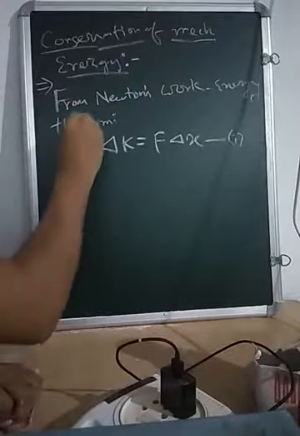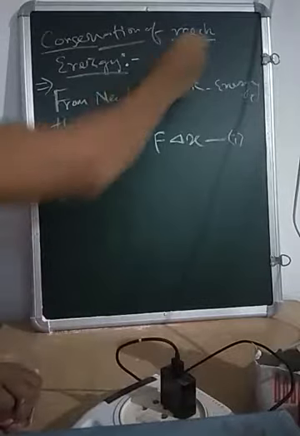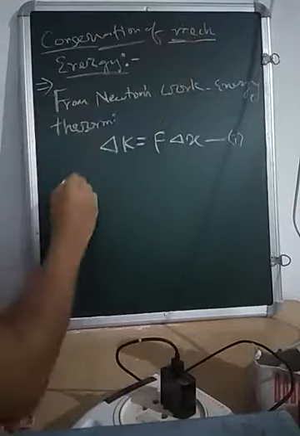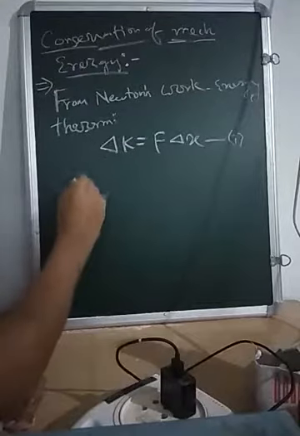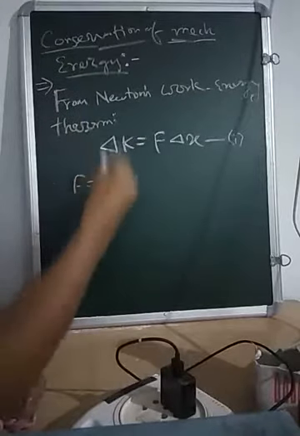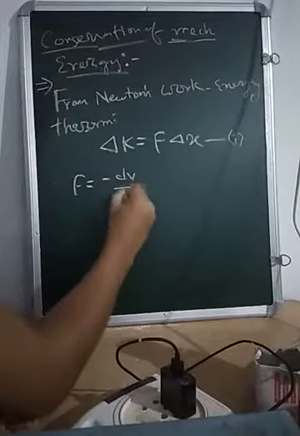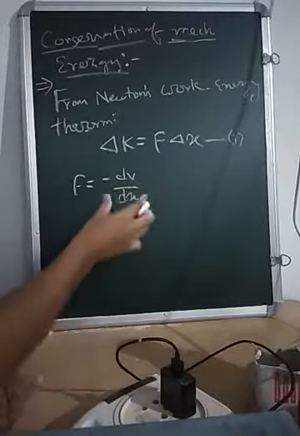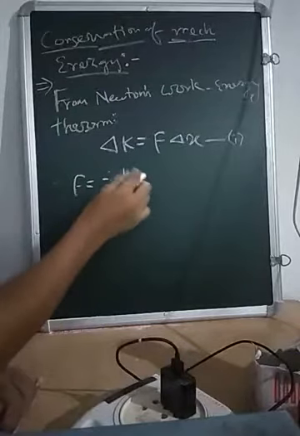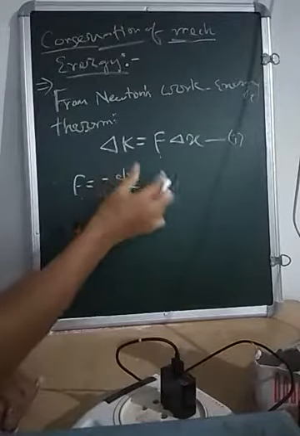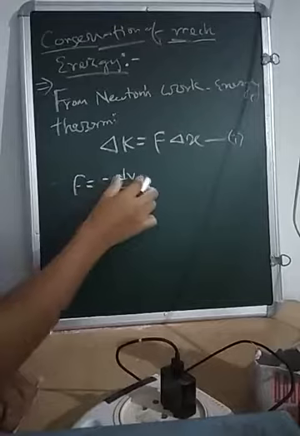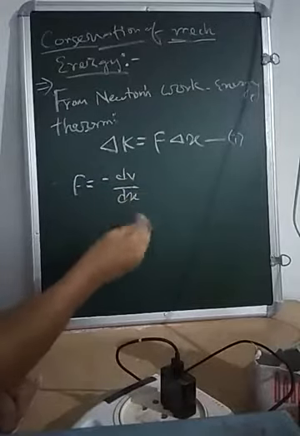Now what do we get in case of conservative forces, if F is conservative? What is the condition for a conservative force? F is equal to minus dV by dx. dV means a small change in V, and dx means a change in distance.